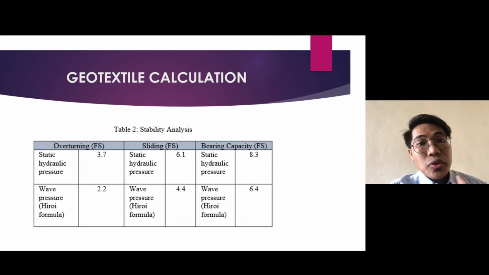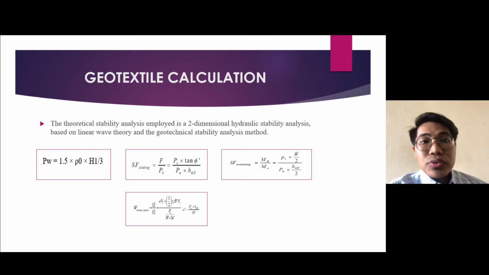The wave load on a geotextile tube is evaluated by Hiroi's empirical equation. This is the equation: PW equals 1.5. The other equations that we use are the safety factor against sliding, the safety factor against overturning, and the bearing capacity.